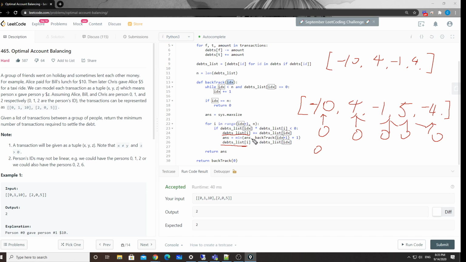The nice part is that once we settle the current one, we know that everything before this one is already settled, and so that's the first part to be careful.